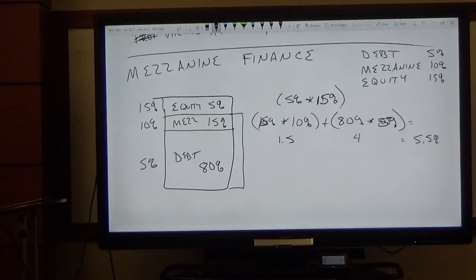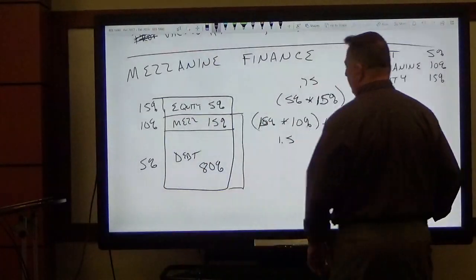And with that, we get 0.75. So if we take just the debt piece, 5.5, we add in 0.75 for the equity piece, the overall cost of capital would be 6.25. Okay? That'd be your overall weighted average cost of capital. Would that be the same thing as a WACC? Yes. Okay, cool.